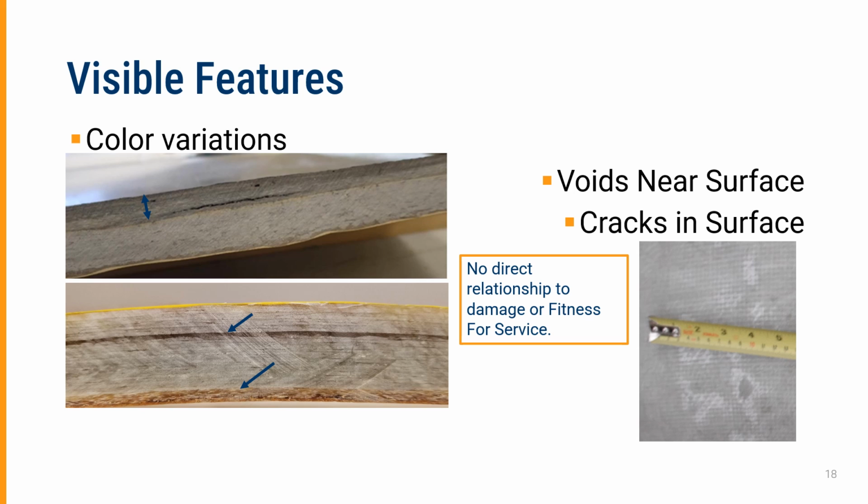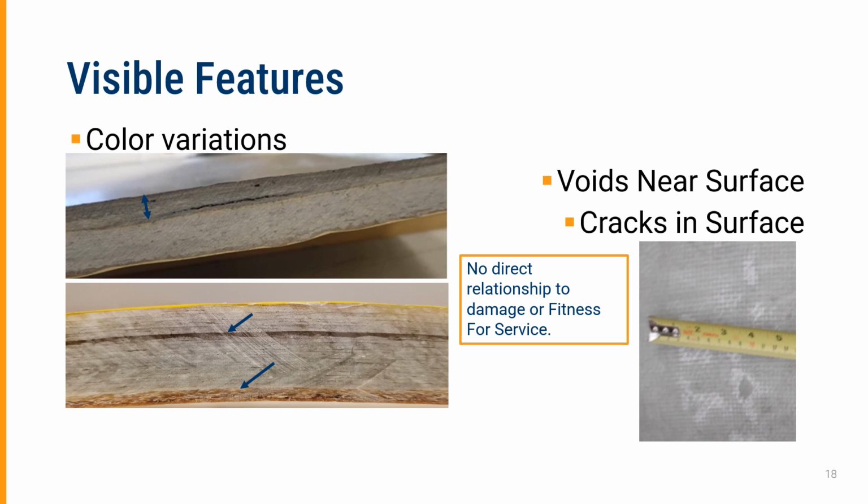Within these visible features, we can also have color variations. So I'm showing some labeled here. In these situations, the color variation is from dirt accumulation that has diffused into the FRP from the process side. This is from some mild chemical attack that's occurred on the process side. This is probably from a manufacturing feature, and we actually think it was just a finishing layer that was applied too early.